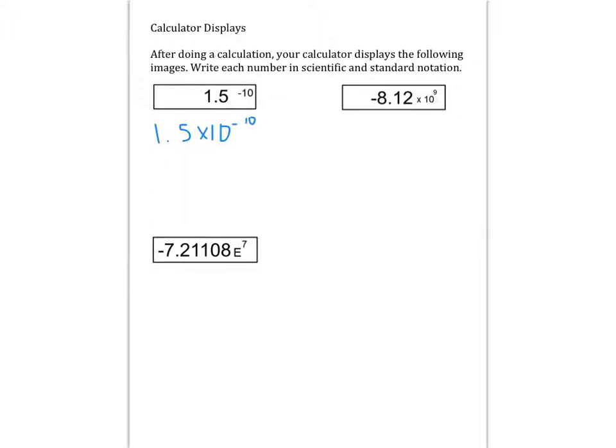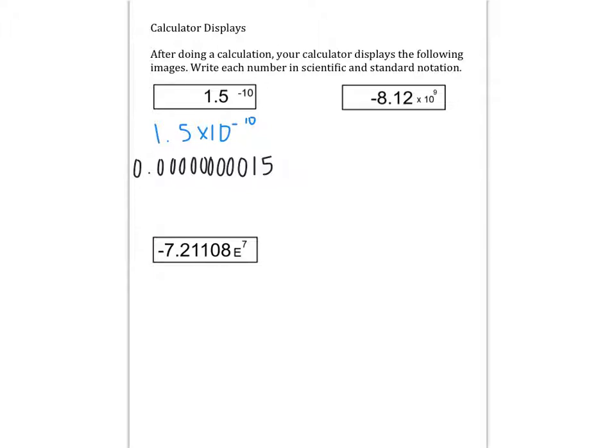In standard notation, that means there would be 9 zeros in front of that 1. So when I write this out, I would write 0 point with 9 zeros. And that would be standard form, which is a very small number. And this doesn't fit in some calculators' display, so that's why it'll turn it into scientific notation right away, into that 1.5 and then just a negative 10 following it, written smaller.